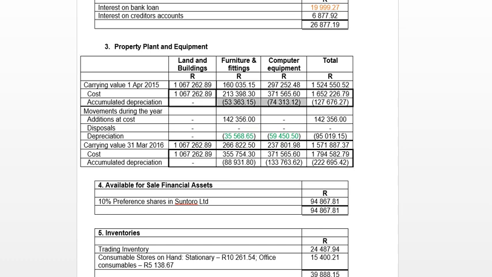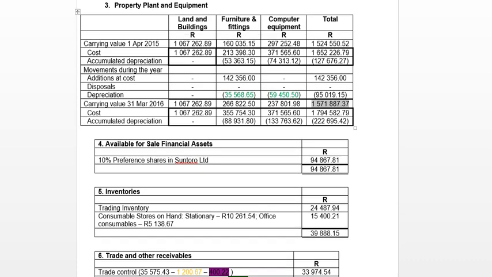You also have the beginning balance in terms of accumulated depreciation for furniture and fittings and computer equipment. So everything else you need to determine from the information on hand. Okay, and if you do that, then you've got your total property, plant, and equipment of 1,571,887 and 37 cents.